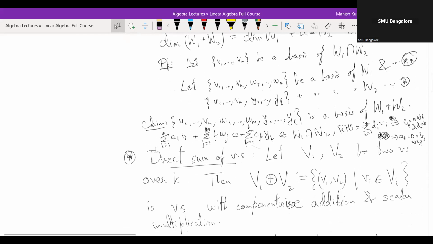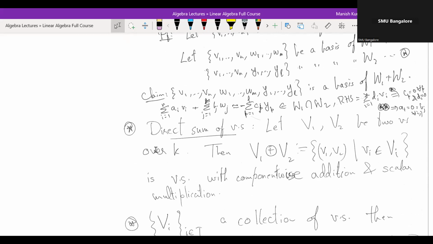And now, direct sum of vector spaces, I hope you have seen, but let's fix notation. Let's define it. If you are given two vector spaces over a field K, then V1 plus V2 is basically the pairs (v1, v2), such that v1 is in the first vector space and v2 is in the second vector space.